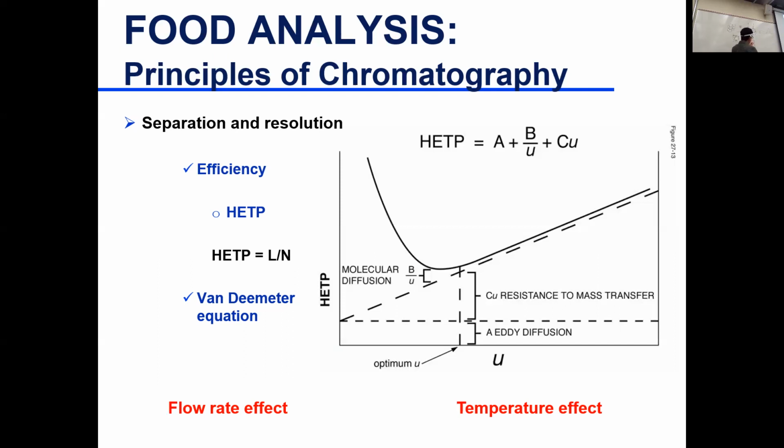It will equilibrate really fast because you don't have that much material. Also, if you have a narrow column, you don't have much material for the samples to go in and get lost and detained. So mass transfer is impacted by the thickness of your stationary phase, how narrow or wide the column is, and is also a factor of the flow rate.